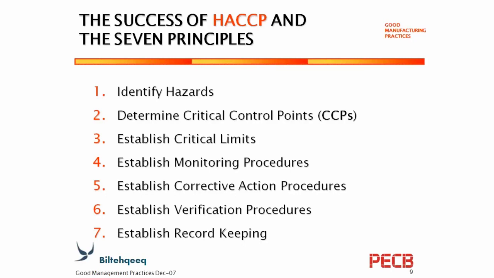And then establish a verification procedure, to verify that after taking the corrective action, the hazard has been controlled or reduced to the acceptable limit. And then finally you have to keep the record of each and every operation, what the readings were before introducing the corrective action, and what the readings are after introducing the corrective action.